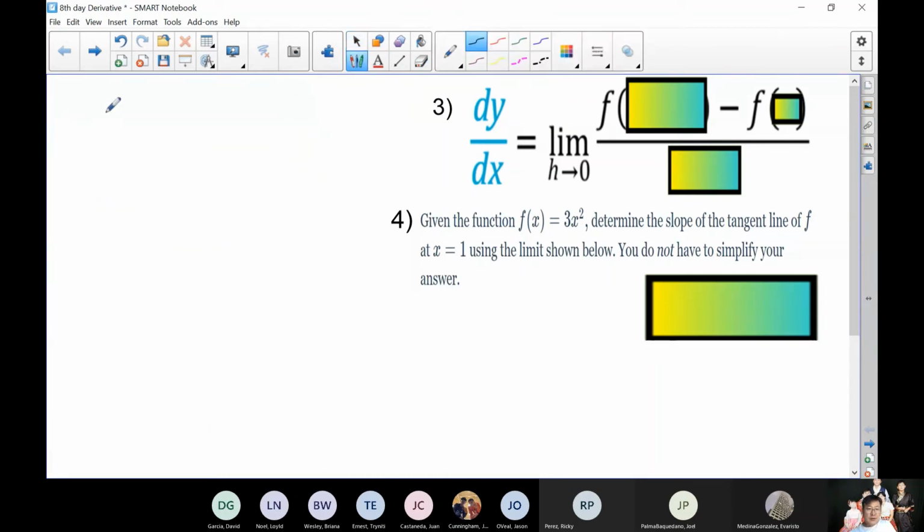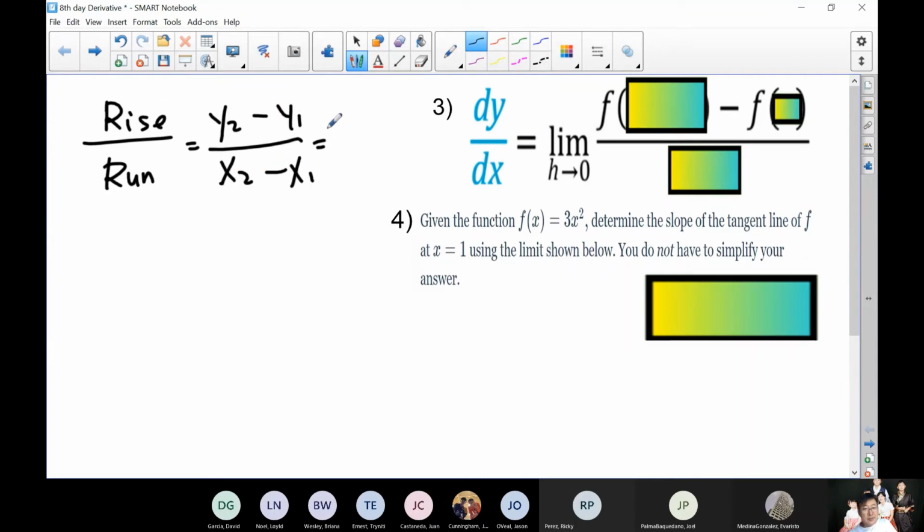You know the rise over run, which is y2 minus y1 over x2 minus x1. Another expression: delta y over delta x, which is like a difference. So we're now writing this as dy dx. Then even simpler, we write y prime, and everybody understands.